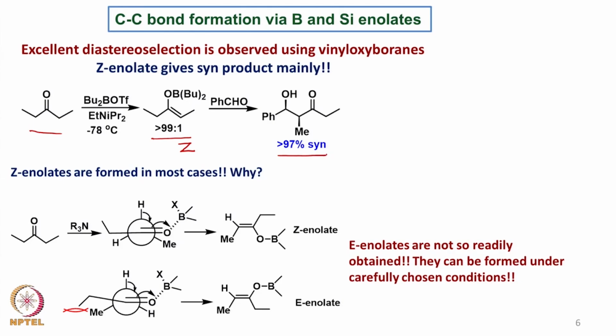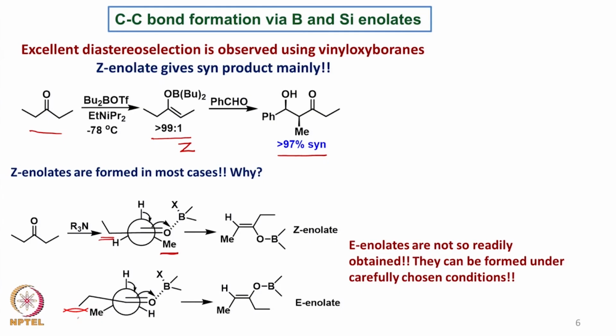Now why is it that Z enolates are formed in most cases? One of the reasons for this is that if we take the kind of Newman projection of the transition state, then as you can see here, this particular methyl group and this ethyl group are away from each other, whereas if we look at this below here, then the methyl group and the ethyl group are towards the same side.